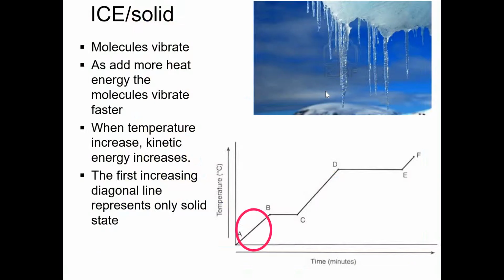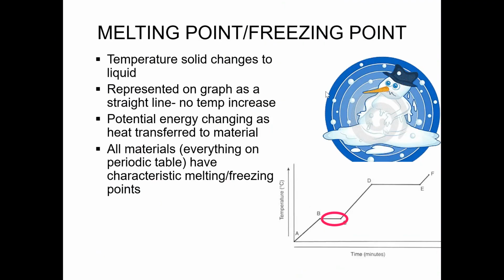So let's talk about each section. When I'm in the ice stage, we already talked about the molecules vibrating. As you add more heat, the molecules vibrate more and more. And since the temperature is increasing, the kinetic energy of the material is increasing. Then you reach the melting point.